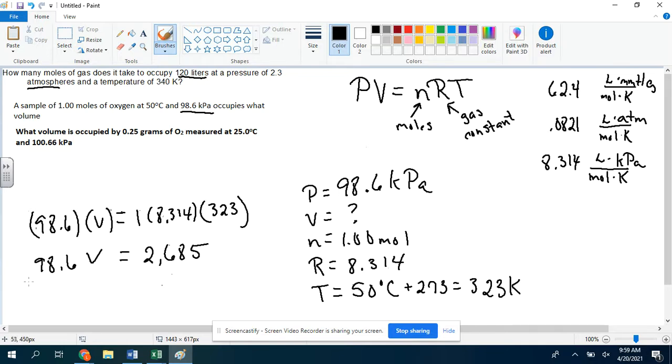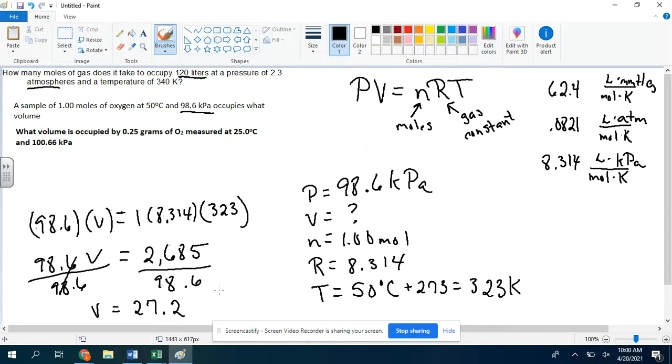All right. Last step is to divide over 98.6. You always divide away from your unknown variable. So it could go either way. It just depends on which side your unknown's on. Always divide away from your unknown. So divided by 98.6. All right, so the answer, volume, equals 27.2.